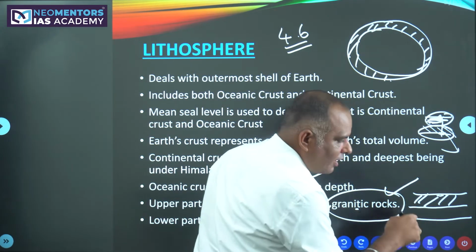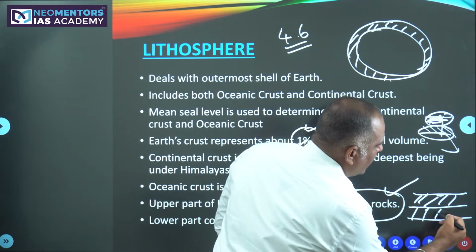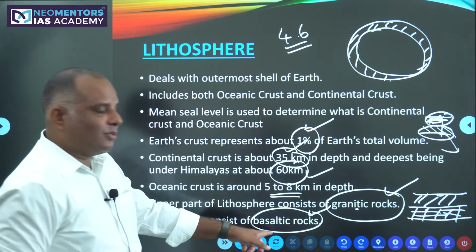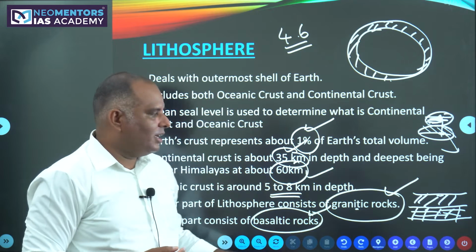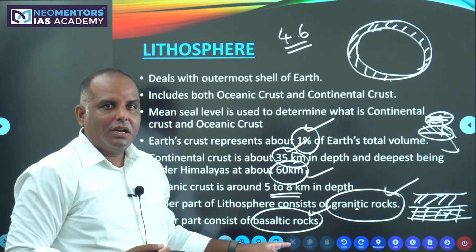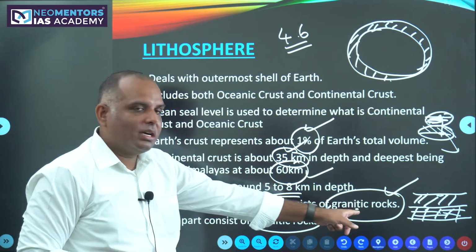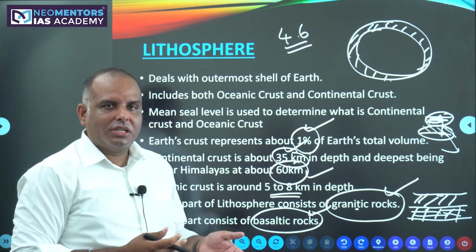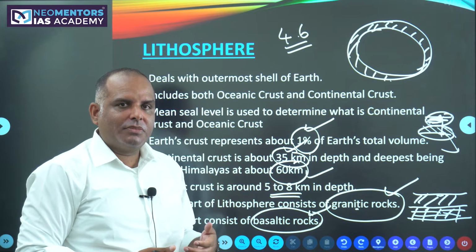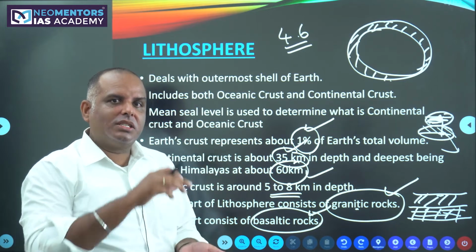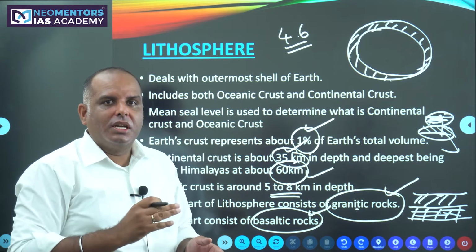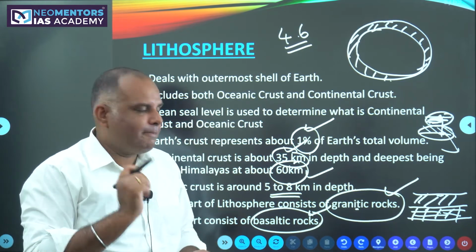The lower part will be of basaltic rocks. Now, that means what? The inference here should be basalt is of more density compared to granite. Now, when we discuss igneous rocks, when we discuss volcanism, we will try to understand how this density plays a role in understanding different rock forms, different features of land. Okay.